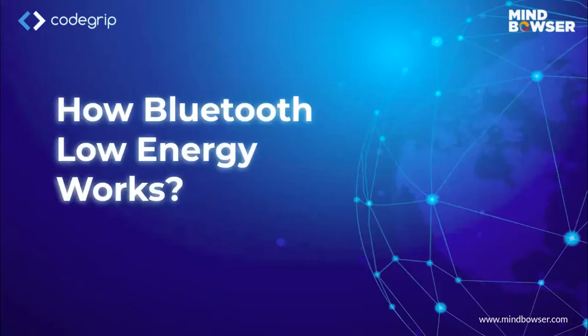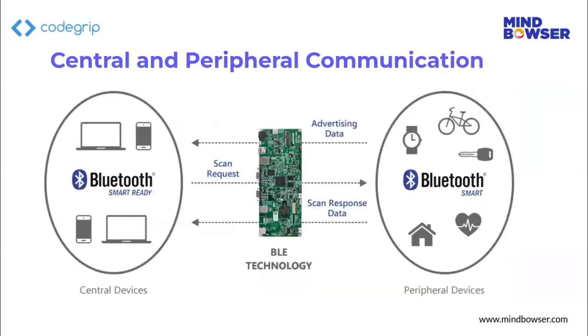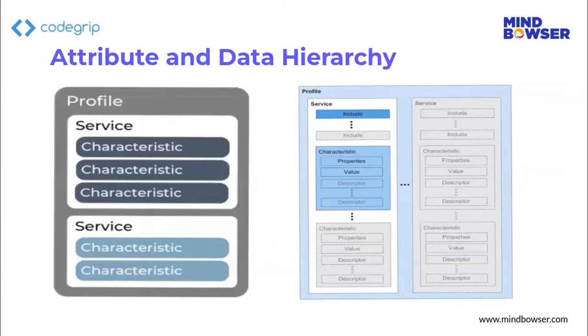Now I am going to explain how Bluetooth Low Energy works. I explain it in three ways. First with attribute and data hierarchy, then second with central and peripheral communication, and the example service, third parties. So now I'm going to explain how the attribute and data hierarchy works. As Priyanka said previously, GATT means Generic Attribute Profile.